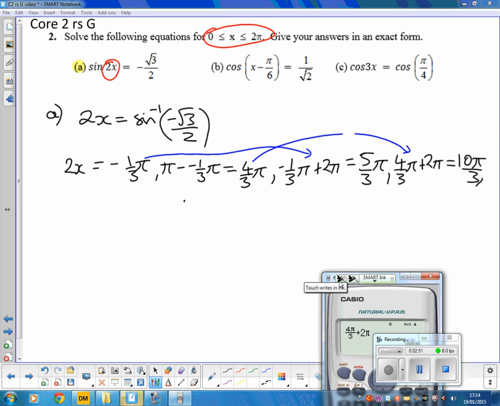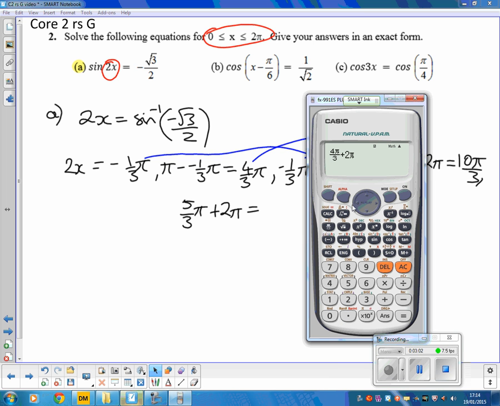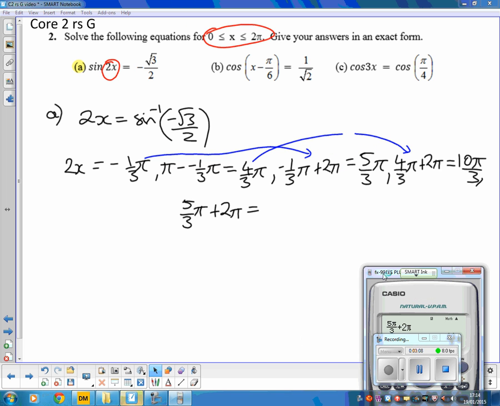So the next solution will be 5/3 pi, which was the third one, add on another 2 pi. So that's 5/3 pi plus 2 pi, 11/3 pi. Okay, now I've got 4 answers, which when divided by 2, should come into the range.